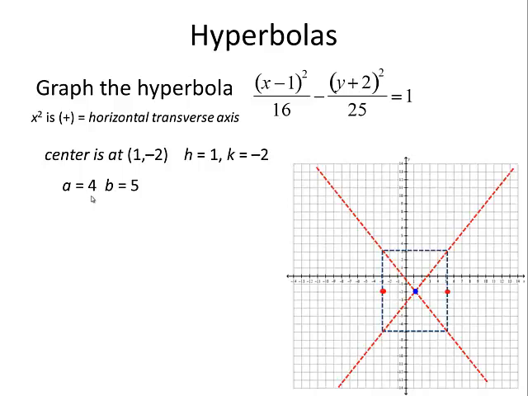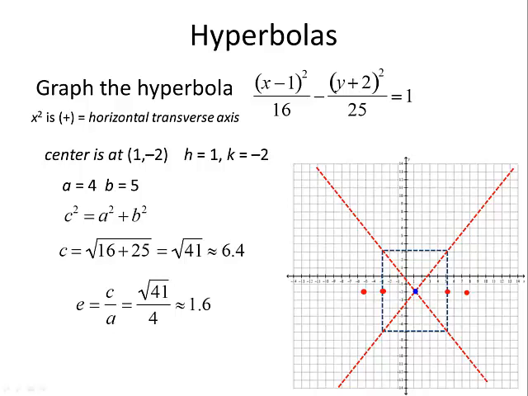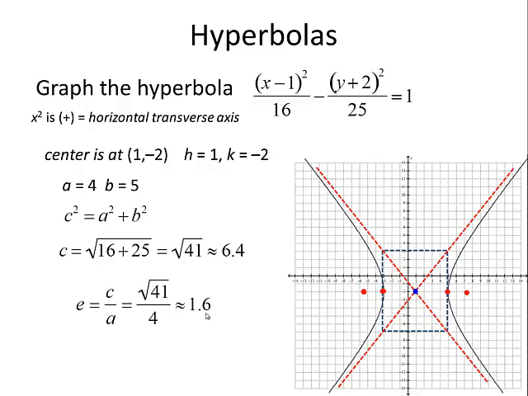Putting my vertices in, putting my asymptotes in, and then c is the square root of 4 squared plus 5 squared, which is about 6.4. So I go 6.4 out in both directions from the center. The eccentricity is the square root of 41 over 4, which is about 1.6. And then just sweeping out my hyperbola.